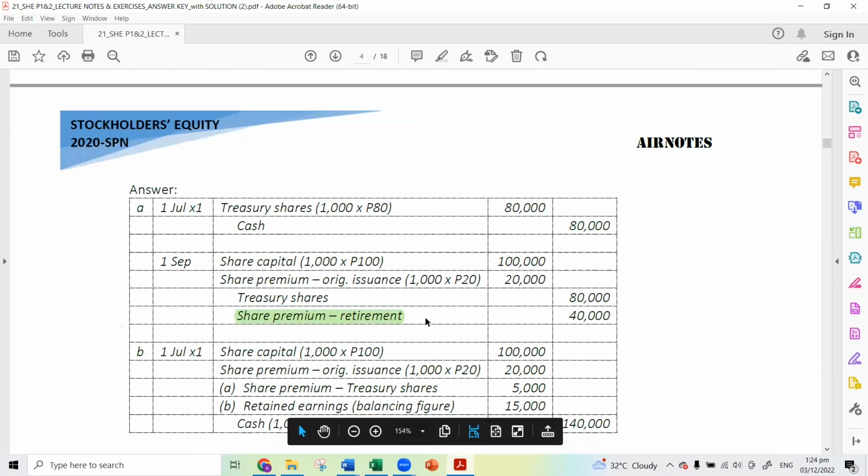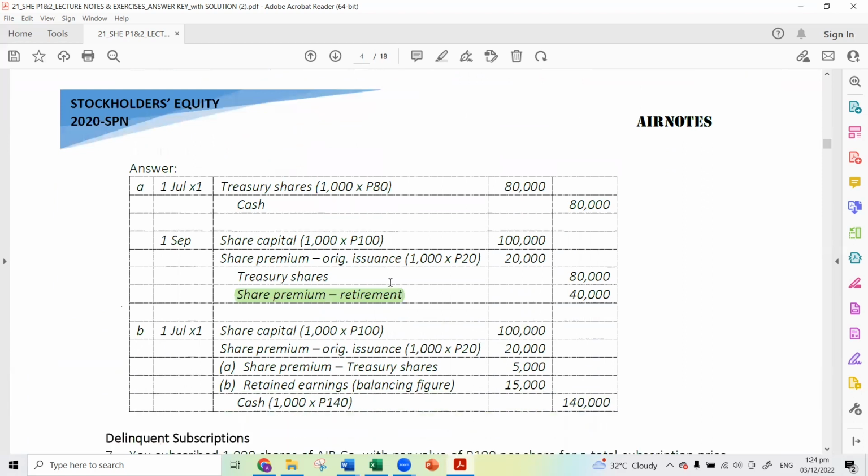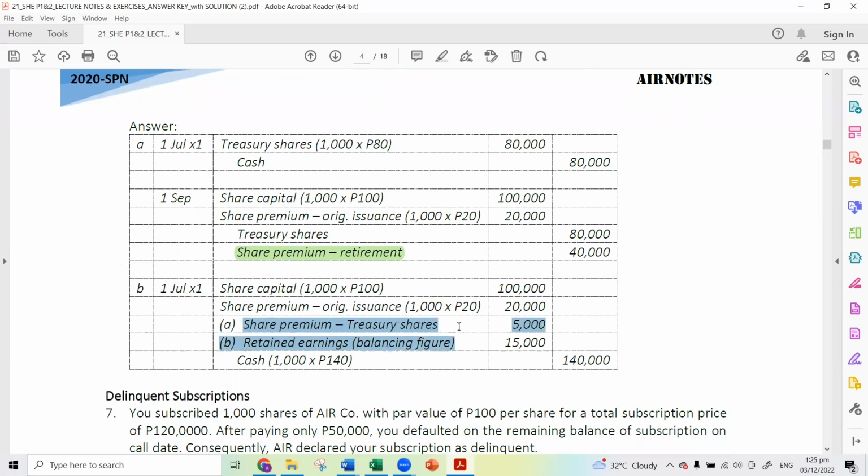Okay? Again, if the par value and the related share premium of the retired shares exceed the retirement cost, the difference is credited to share premium retirement. While if the par value and the related share premium of the retired shares are less than the retirement cost, the difference is debited according to the order of priority. Ano yun? Unahin mo si share premium ng treasury shares.